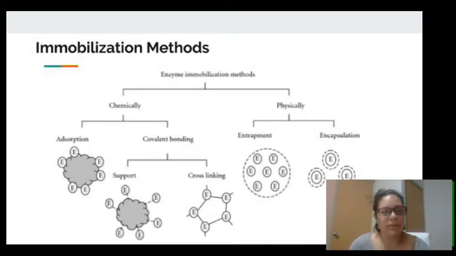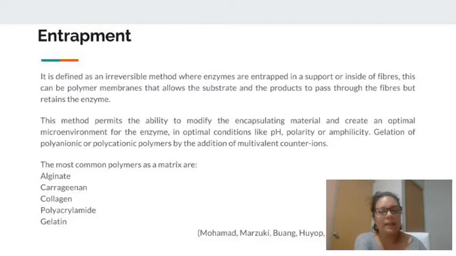These can be polymer membranes that allow the substrate and the products to pass through the fibers but retain the enzyme. This is the main mechanism that we need, and this method permits the ability to modify the encapsulating material, and we can create an optimal microenvironment for the enzyme, with optimal conditions like pH, polarity, or amphiphilicity, that is, lipophilic or hydrophilic characteristics.